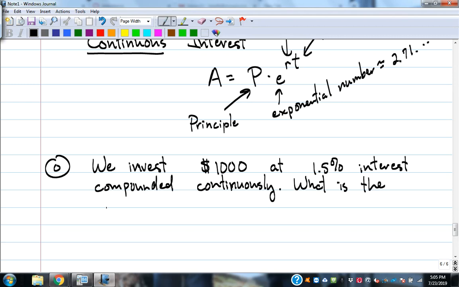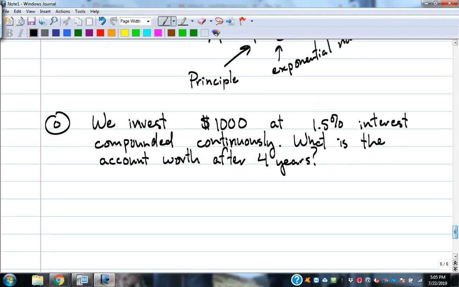What is the account worth after, let's say, 4 years? Let's say I did that and left it there for 4 years to see what happens to it. Okay, so 1.5% compounded continuously.